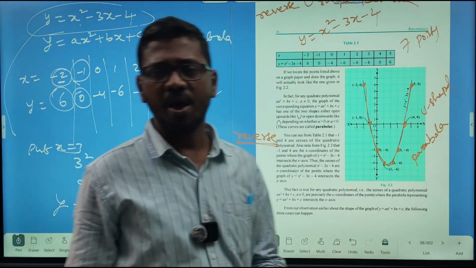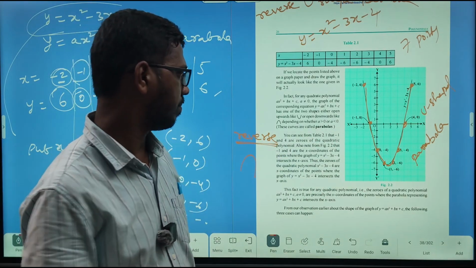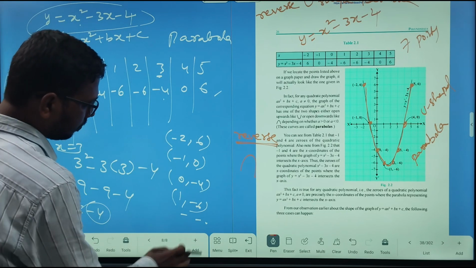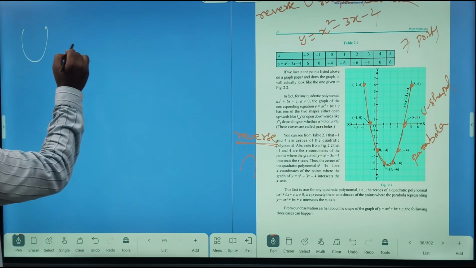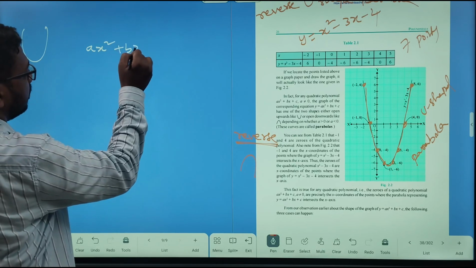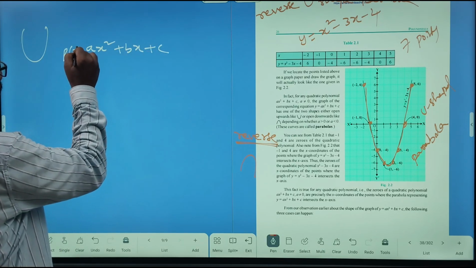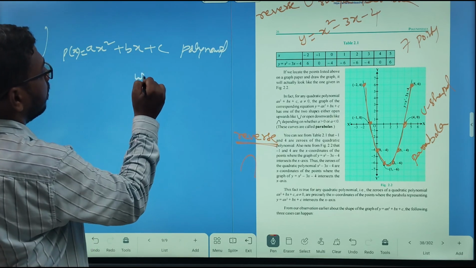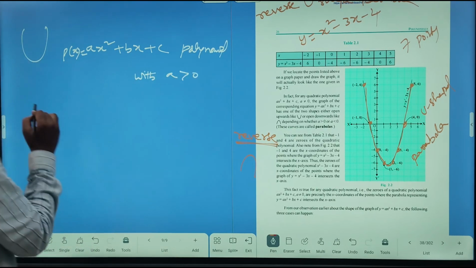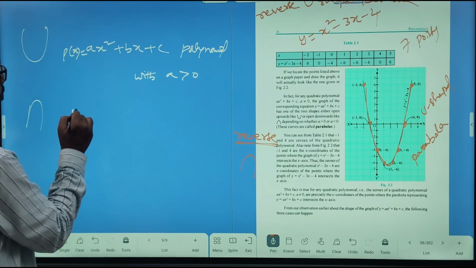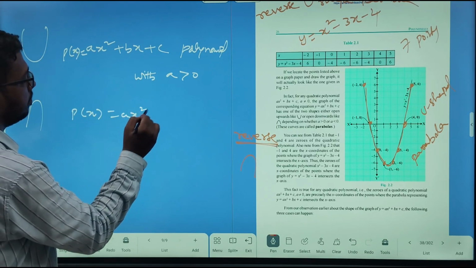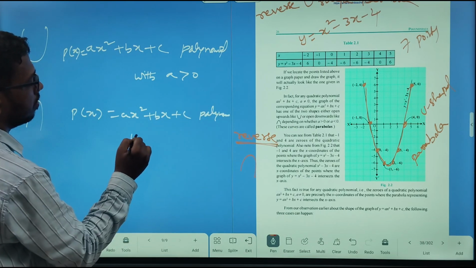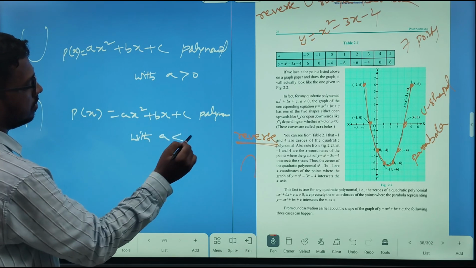If a is less than 0, you get a reverse U shape parabola. Of course, both curves are parabolas. So it is a U shape parabola if the polynomial ax square plus bx plus c has a greater than 0, and the shape will be reverse U shape if p of x equal to ax square plus bx plus c has a less than 0.